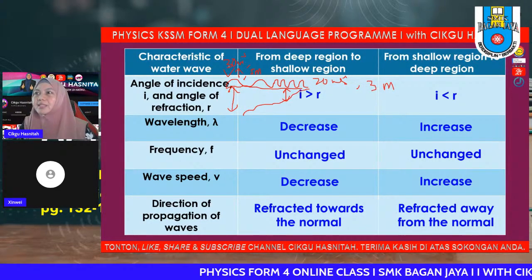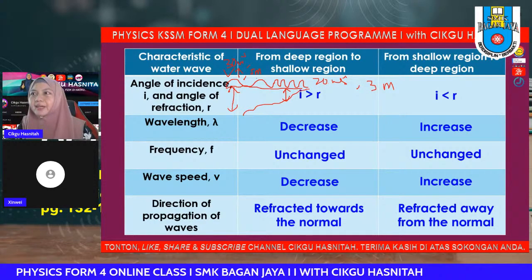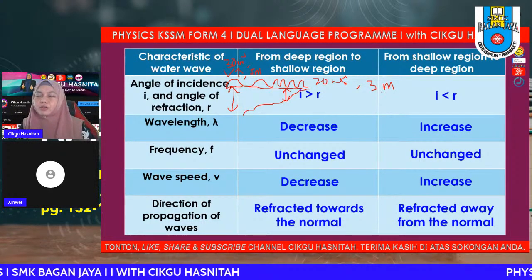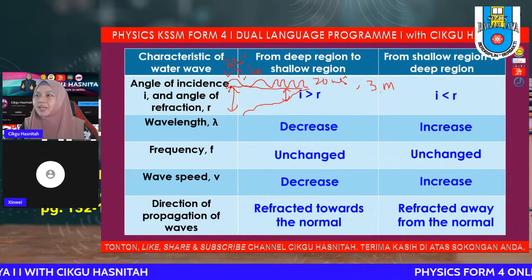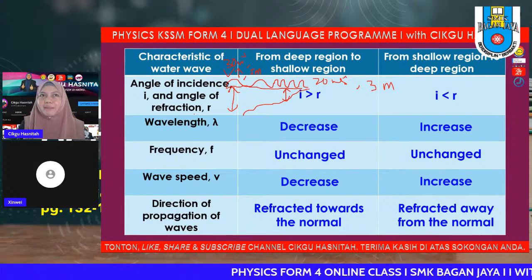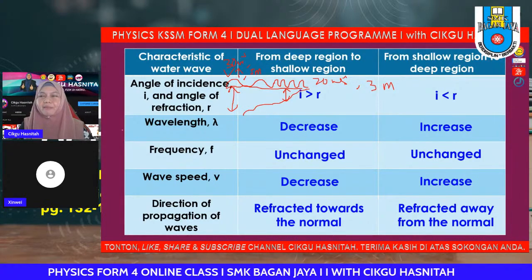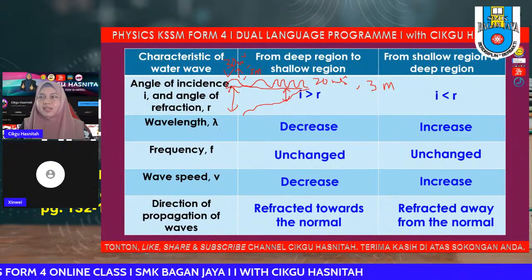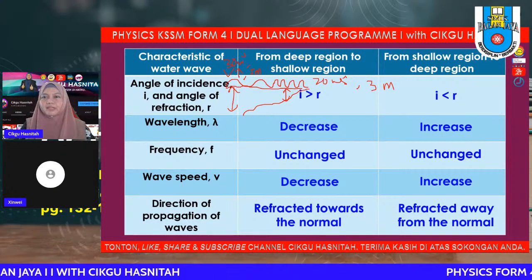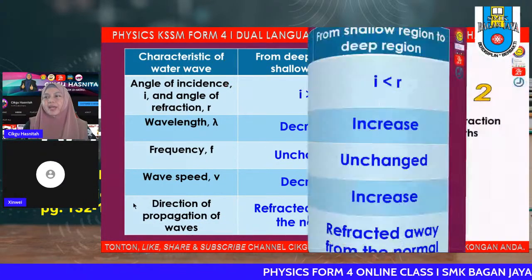So here we can see that when velocity decreases from 30 to 20 meter per second, the wavelength also decreases from 5 to 3 meter. Are you clear, Yifong? It does not mean the value for lambda and V is the same, lambda 30, V also 30. No. It means lambda decreases, V decreases. Lambda increases, V also increases.